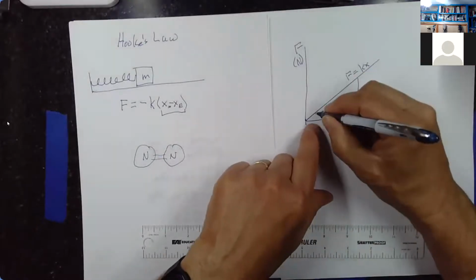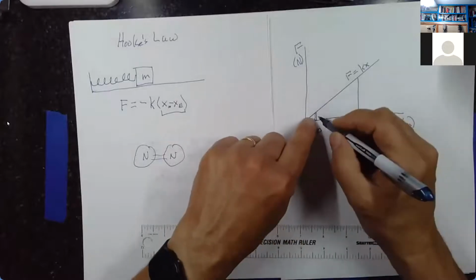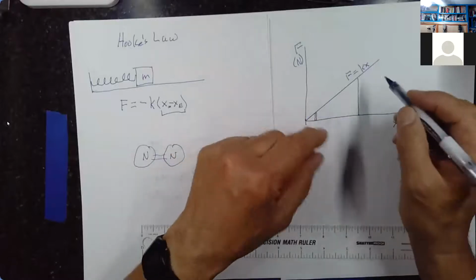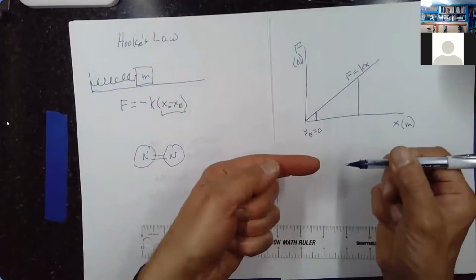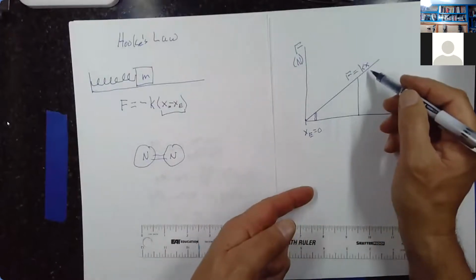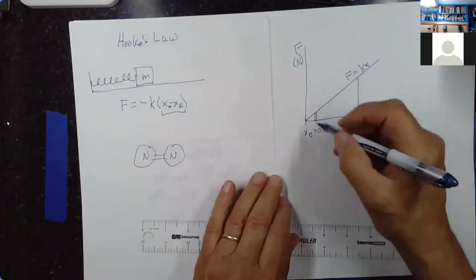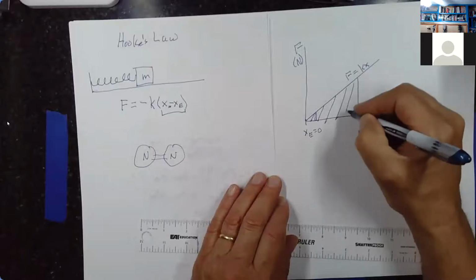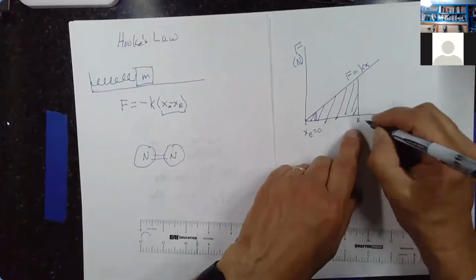Well, we could figure out the amount of work that we have to do for some tiny little incremental stretch, and then where the spring force is relatively constant, we just have a tiny little delta x, and in that we'll have an approximately constant spring force. But if we did that, we'd add up a whole bunch of those things, and what we'd end up with is the area of this thing, as we can call this x final.